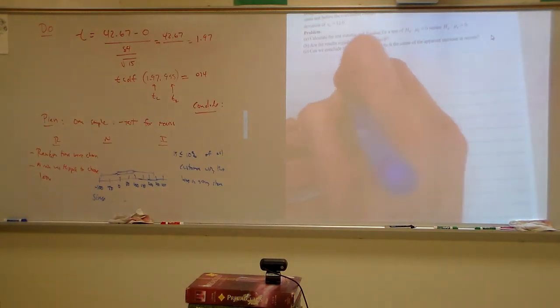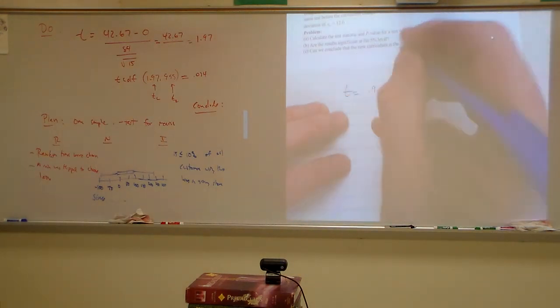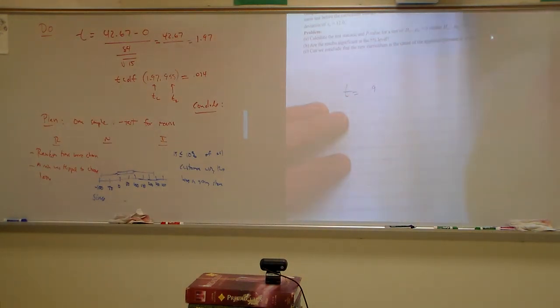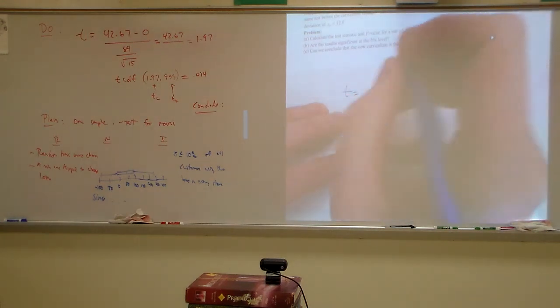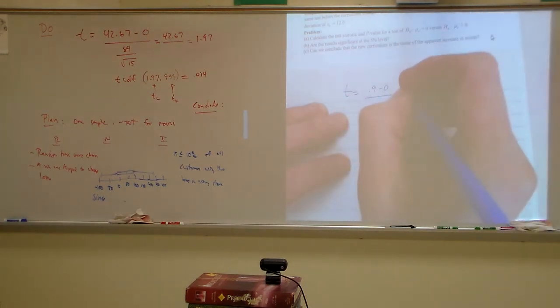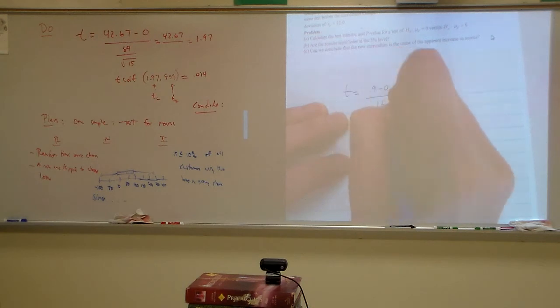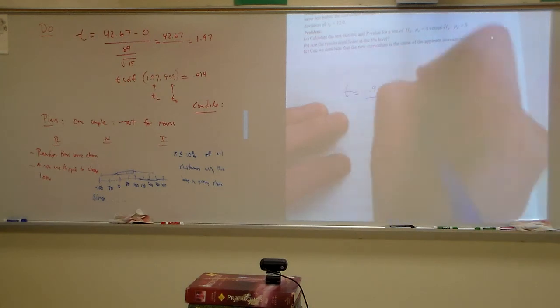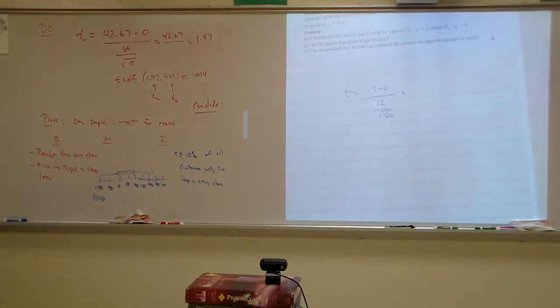So t equals, the change we found in our sample was 0.9 minus 0 over the standard deviation, which is 12, divided by the square root of 500. So when we do that out, guys, this is what we get.